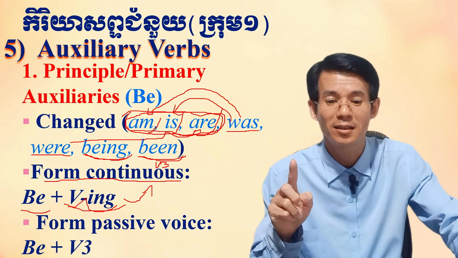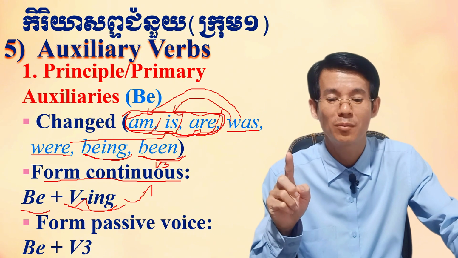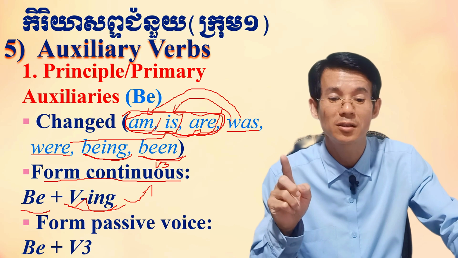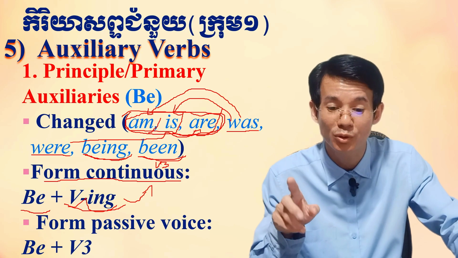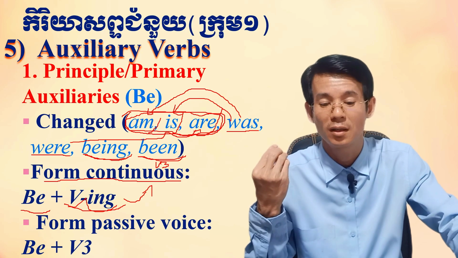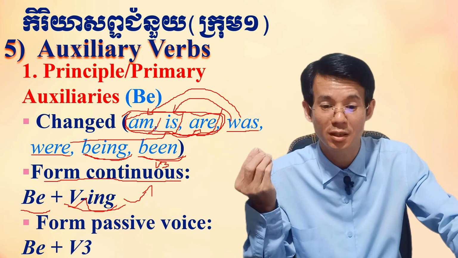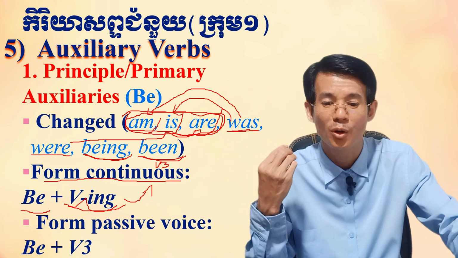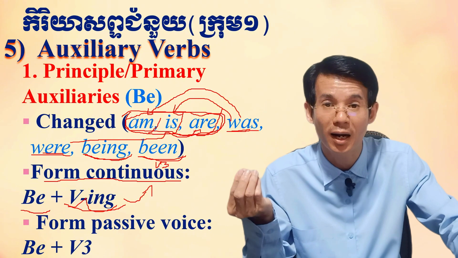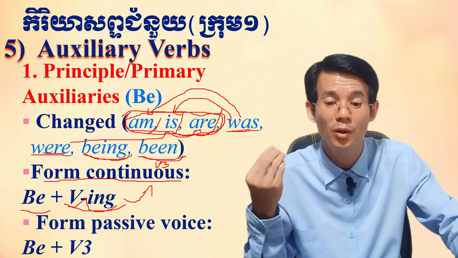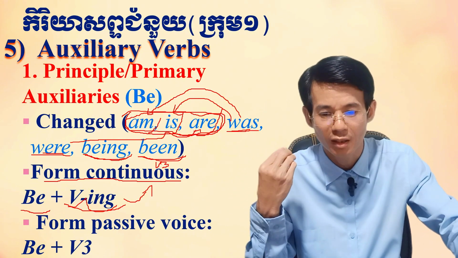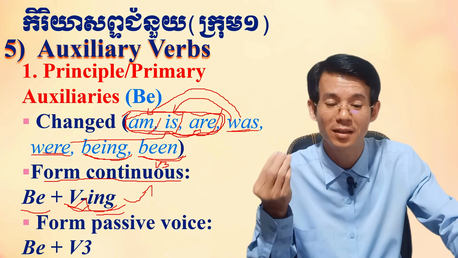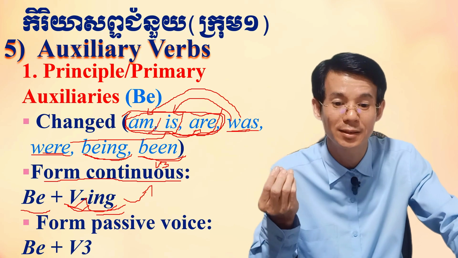See? We put am, is, or are in front of the verb-ing, and it becomes present continuous tense, because am, is, and are are in present. Then was and were are in past, right? So when we use was or were before verb-ing, it forms another tense, which we call past continuous tense.